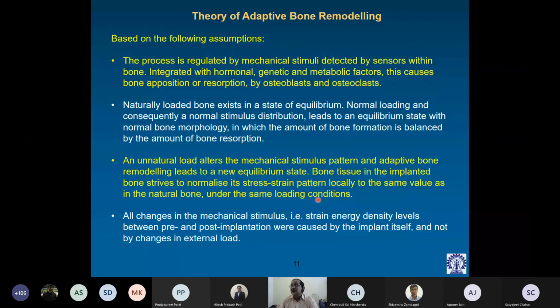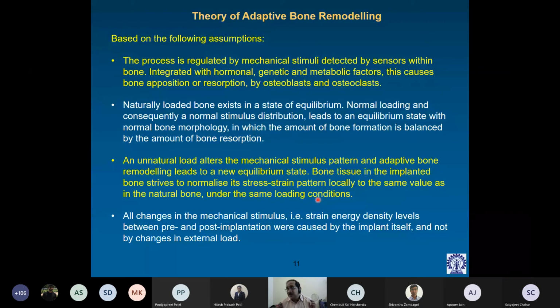This change in mechanical environment then triggers bone remodeling in the structure, and the bone tries to strive to reach the natural state by adapting its structure. But you don't know what will happen for the new equilibrium state.